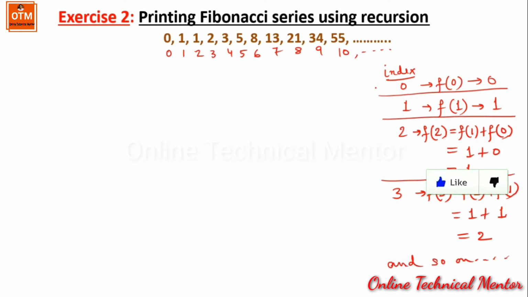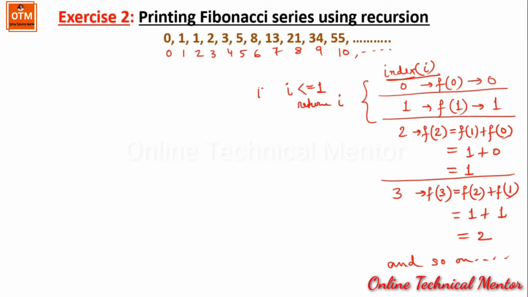So think about what we are doing in the first two steps. Suppose I am representing the index as i. When i is less than or equal to 1, it returns the corresponding value, that is i. When the value of i is 0, it returns 0. When the value of i is 1, it returns 1. So this is the first condition we get from the first two steps.